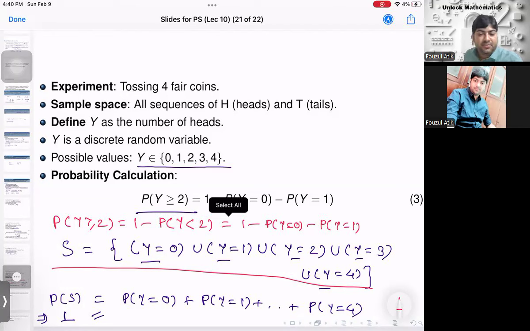So by axiom 3, the probability of S is the sum of their individual probabilities, but probability of S is equal to 1 from axiom 2, and therefore the whole sum is equal to 1. So probability of y greater than or equal to 2 is basically 1 minus P of y less than 2, and this will give you this value. I hope it is clear. We'll discuss this probability in some other lecture.